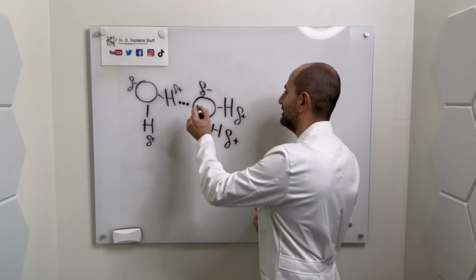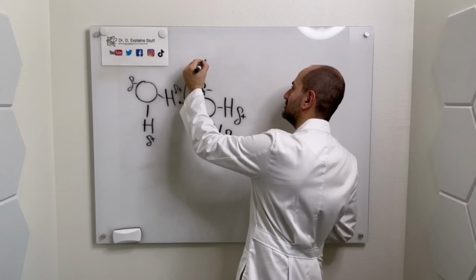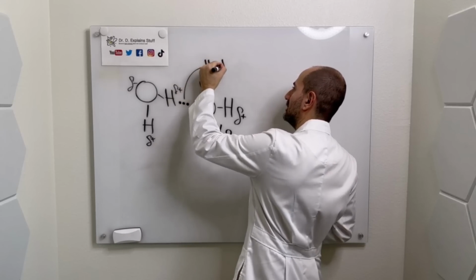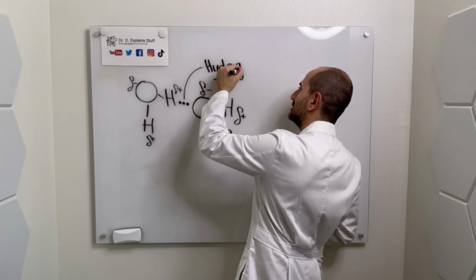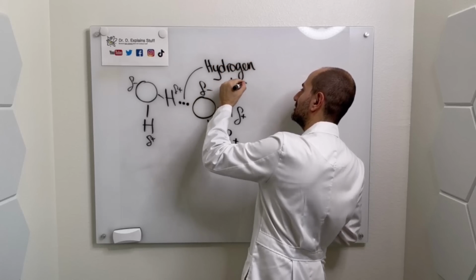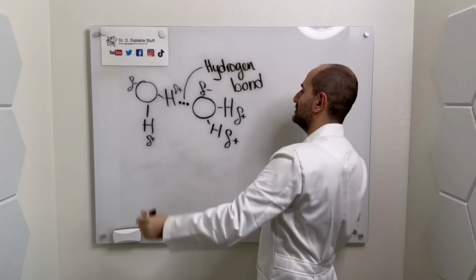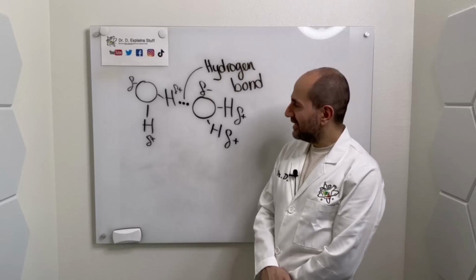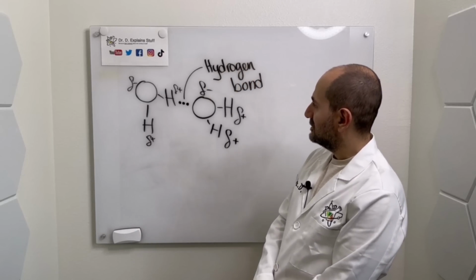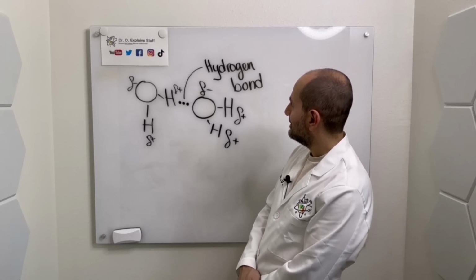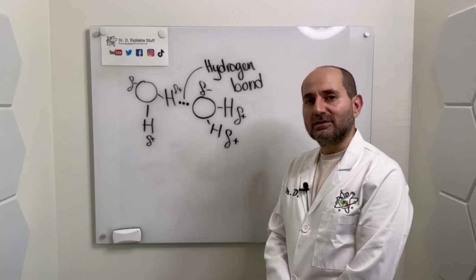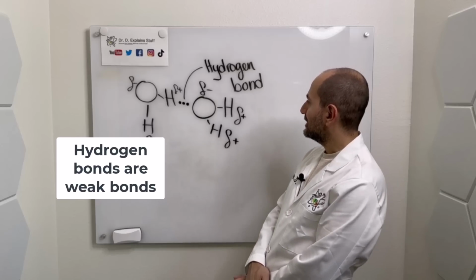And that's known as a hydrogen bond. Okay, a hydrogen bond. Isn't that neat? A hydrogen bond formed between the two water molecules. It's a very weak bond. Hydrogen bonds are weak interactions.